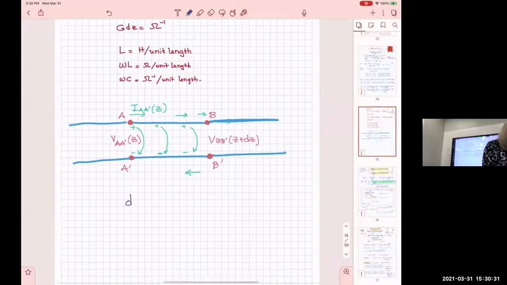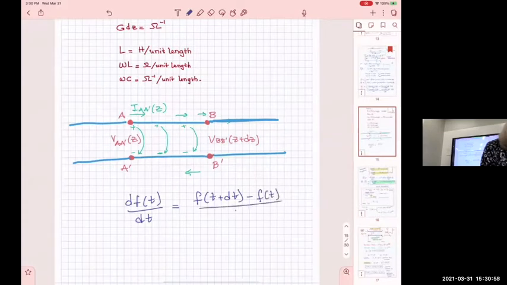df of t dt is nothing else but f of t plus dt minus f of t over dt.